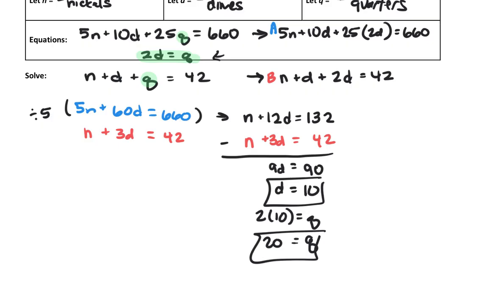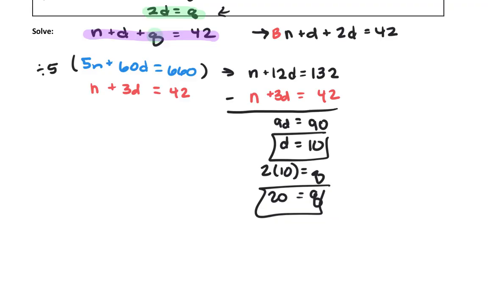And if I want the number of nickels, let's go ahead and use this equation in purple that I just highlighted in purple. The number of nickels plus dimes plus quarters is equal to 42. So n is going to be 12, and I have my answer. 12 nickels, 10 dimes, and 20 quarters.